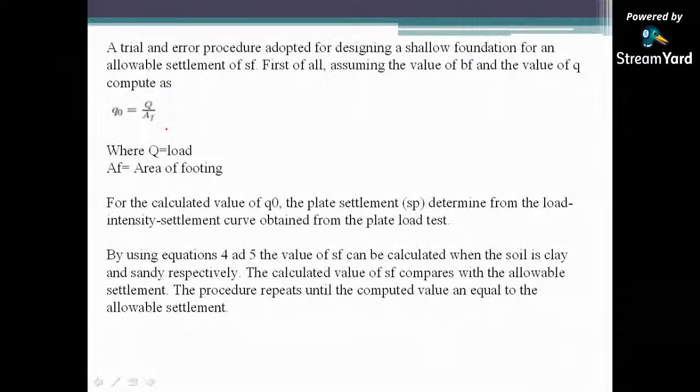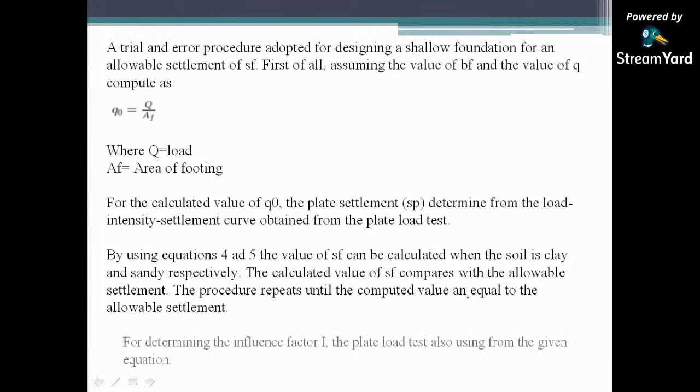By using equations 4 and 5, the earlier equation and this equation, the value of Sf can be calculated when the soil is clay and sandy respectively. The calculated value of Sf is compared with the allowable settlement. The procedure repeats until the computed value equals the allowable settlement.